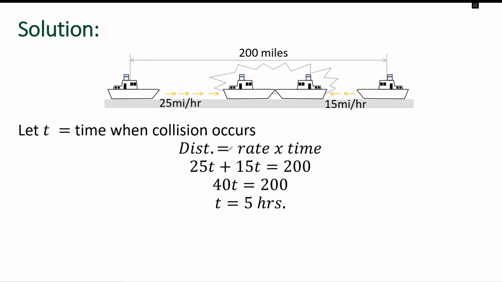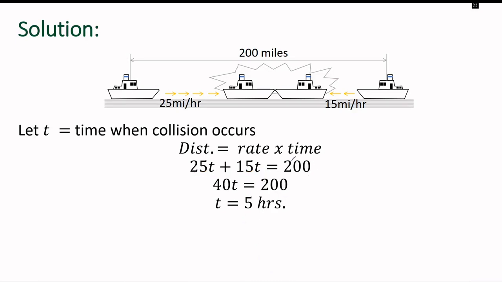So we have the rate of one times the time, and the rate of the other times the time. They have the same time because they are traveling towards each other at the same time, so they will also collide at the same time.